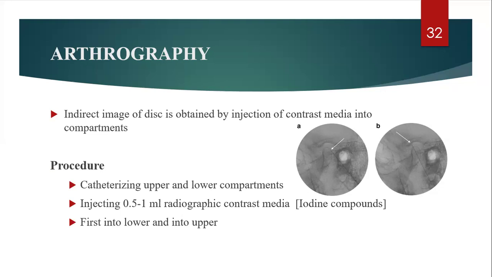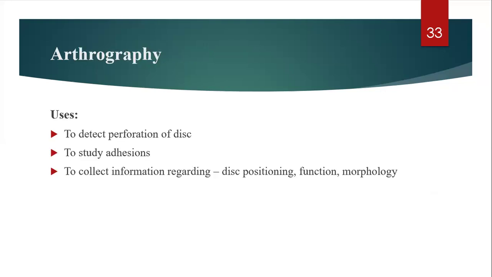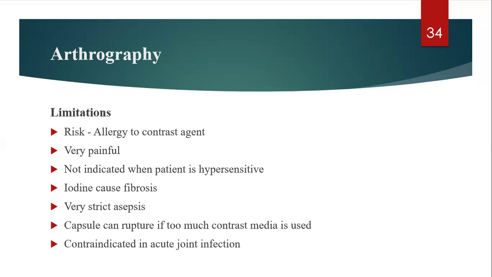Usually iodine compounds are used. First, the lower compartment is filled, followed by the upper one. So the uses of arthrography include detecting any perforation of the disc, studying adhesion of the disc, and gathering information regarding the disposition, function, and morphology.